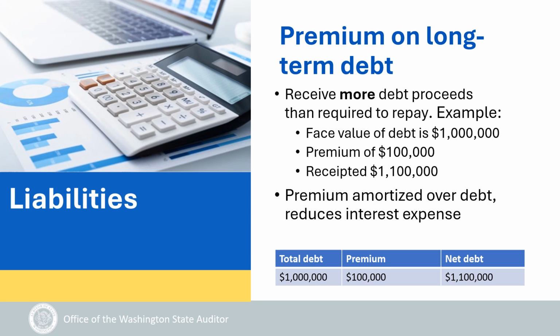The government is still only required to repay the face value of $1 million. However, for reporting, the face value, the $1 million, and the premium of $100,000 are added together to report net debt of $1.1 million. The bond premium is amortized over the debt repayment period, and it reduces interest expense.